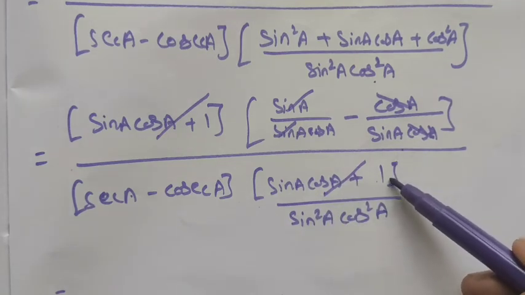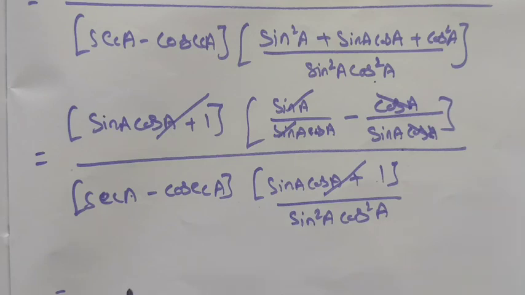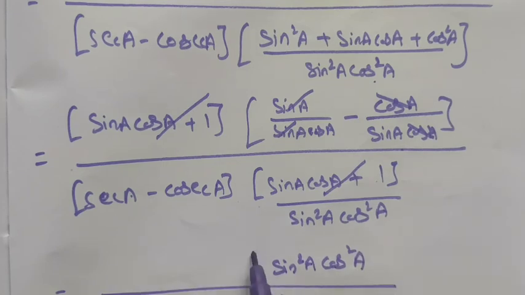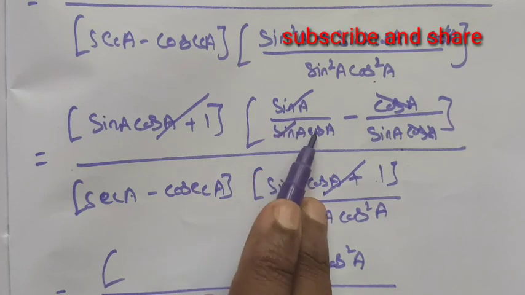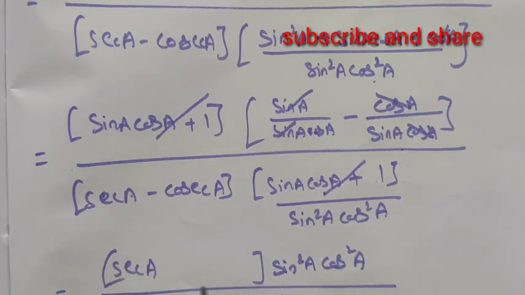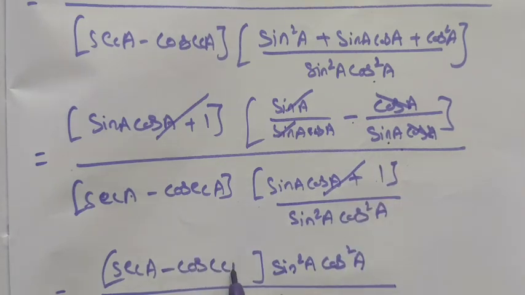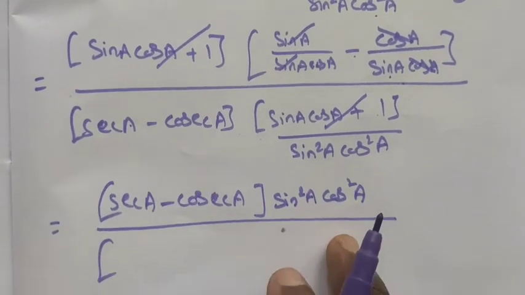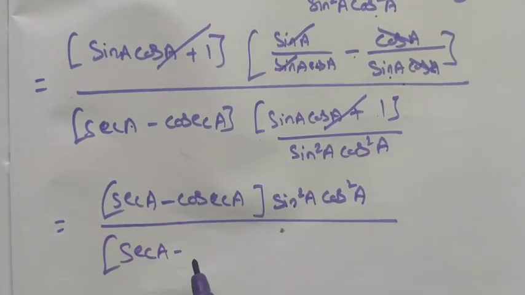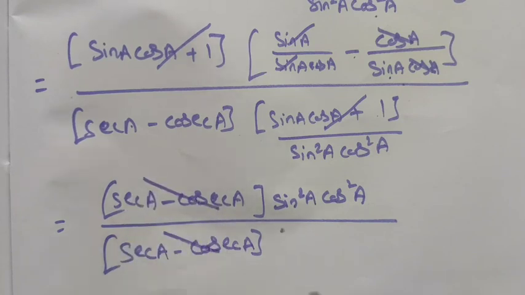So this term is cancelled, and this term is cancelled. The denominator of the denominator turns to the numerator, so we get sin²A cos²A divided by 1 by cos, which is nothing but sec A, minus 1 divided by sin, which is nothing but cosec A. And then here we have the denominator, sec A − cosec A, into 1 is nothing but 1, so this term is cancelled.